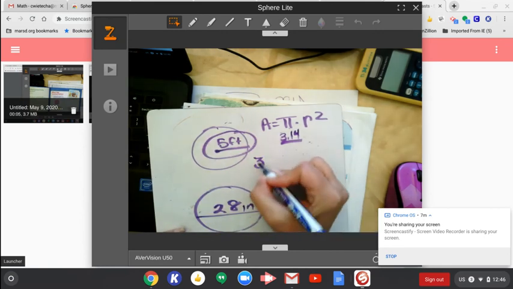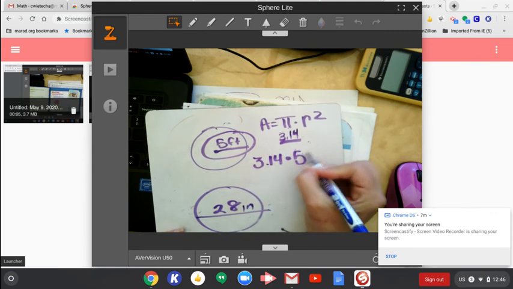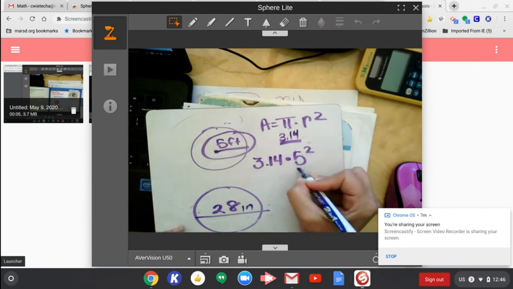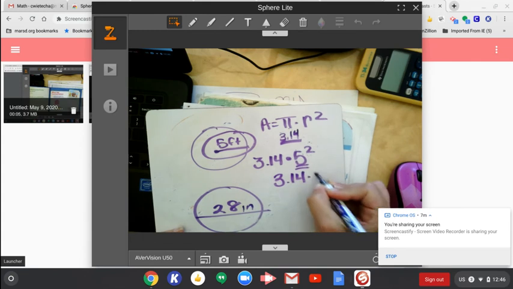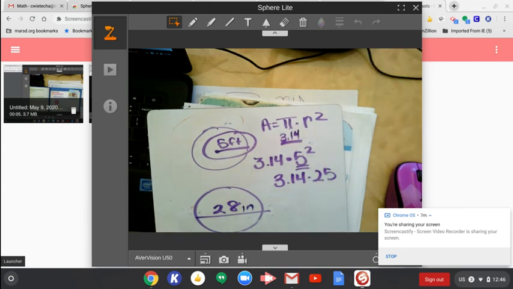So you're just going to do 3.14 times 5 squared. Okay, don't forget squaring comes first in order of operations. So you're going to do 3.14 times 25. And take a calculator, easy enough. 3.14 times 25 equals 78.5.